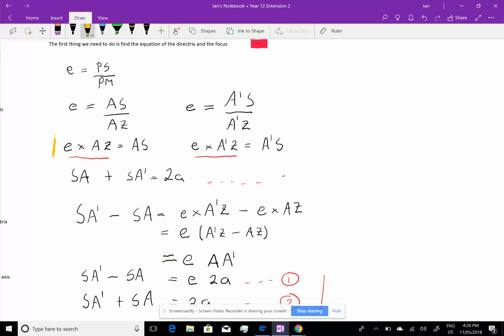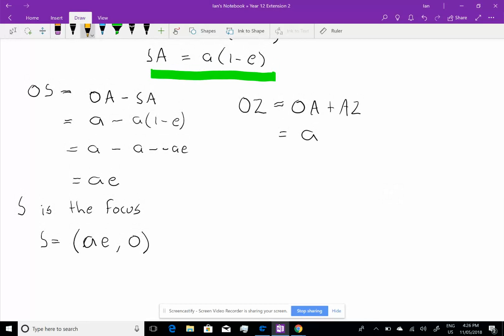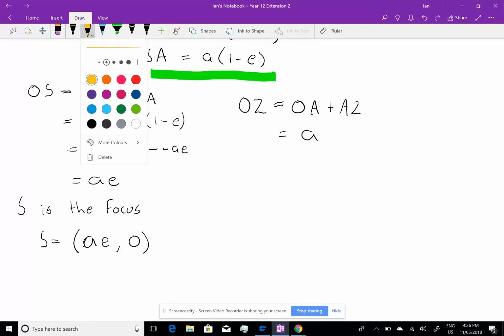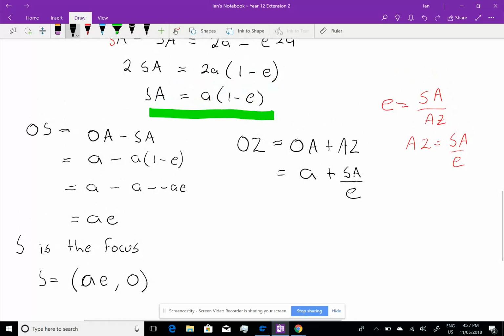AZ is up here. All right? So AZ. So remember, and I'll just use a bit of colour, E equals SA on AZ. So AZ equals SA on E. So here A plus SA on E. And SA, look back here, here it is, just above.